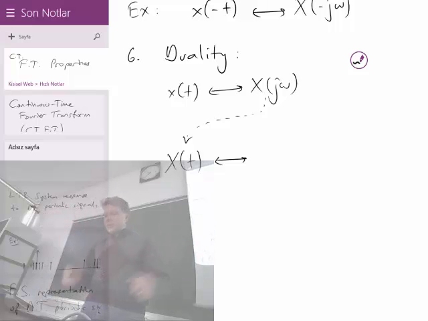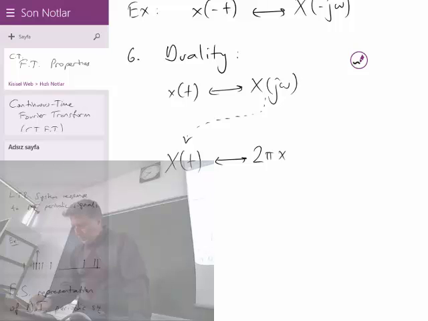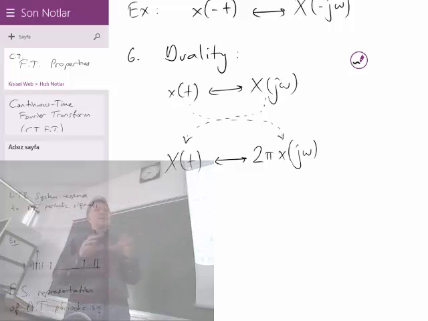For the sinc shape, its Fourier transform will be equal to 2 pi times x of j omega, which is this signal that was previously in time, but now it's on the axis of frequency.